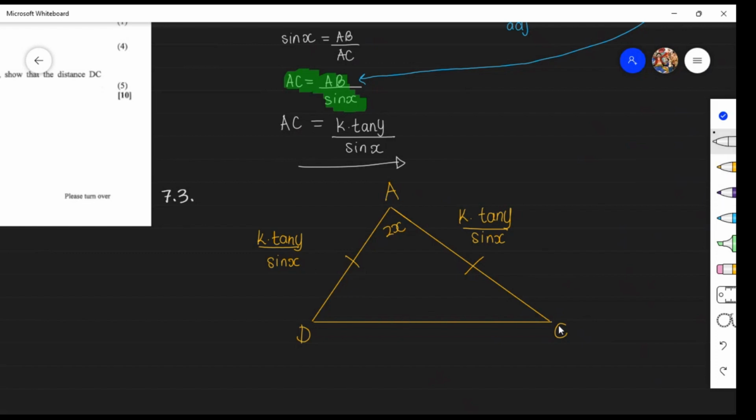So if we are trying to find DC, we're going to look for the angle opposite DC, which is angle A of 2x. From there, we can arc this, put in our arrows, and we are now receiving confirmation that we are going to use the sides AD and AC.